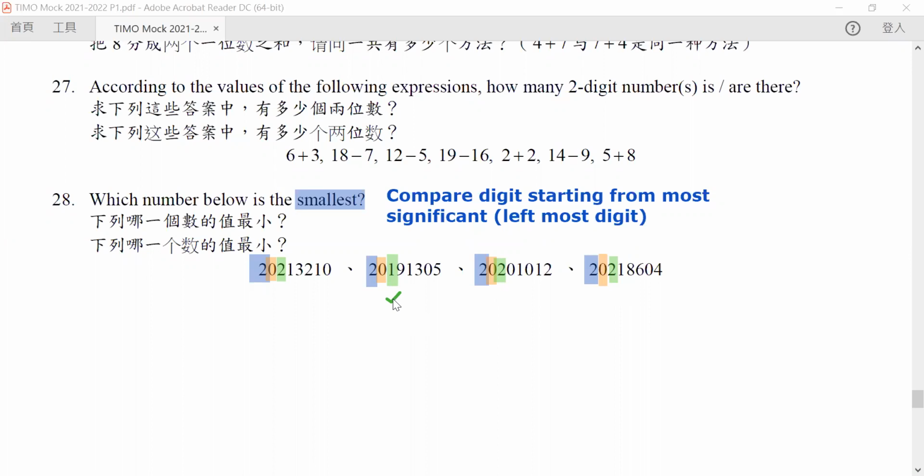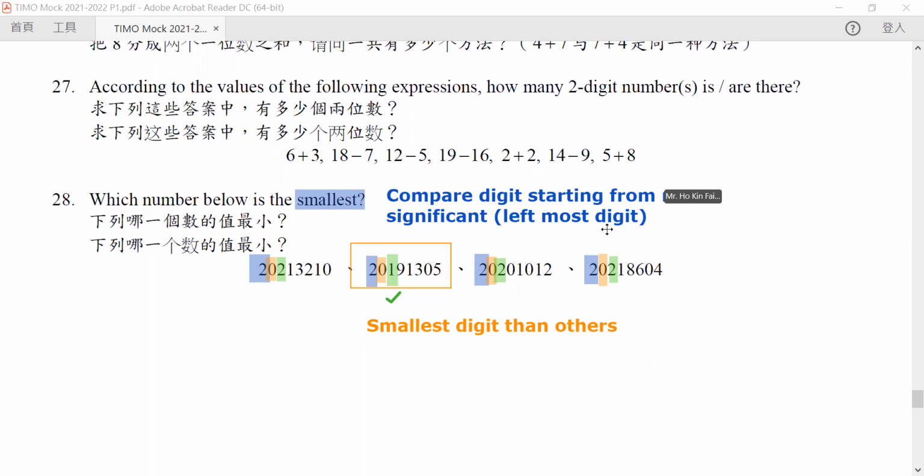So it has the smallest digit there, and then the others. Okay, so 2101911315 is the number which is smallest.